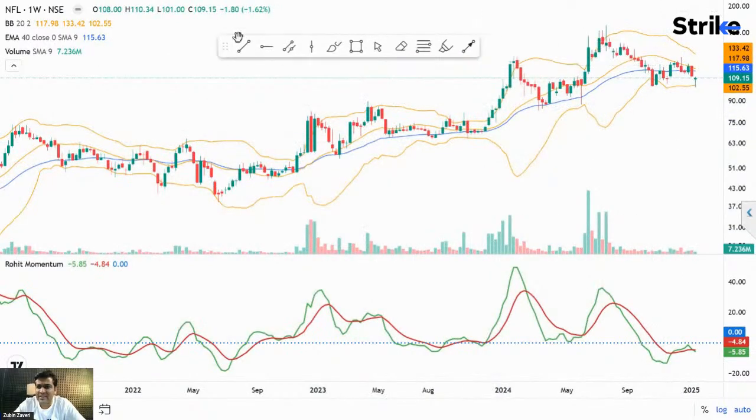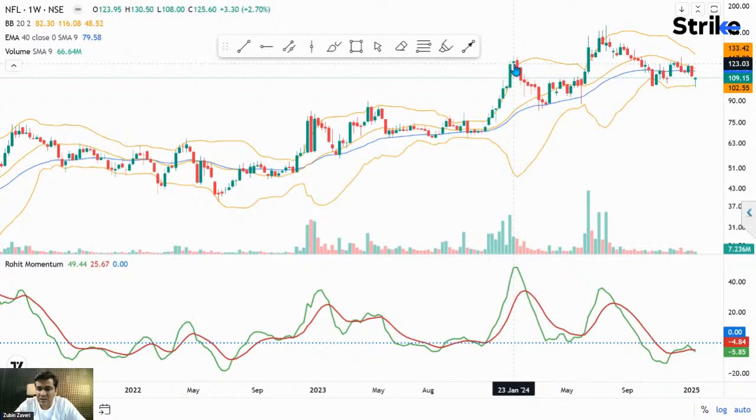Okay, the good thing is that there was some nice volume when the price increased, and after it declined and remained consolidated, the volumes also went dry. The same thing happened over here in the month of January. And from last year, 2024, the same thing had happened over here.